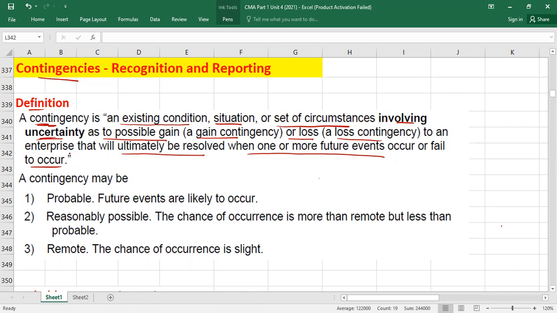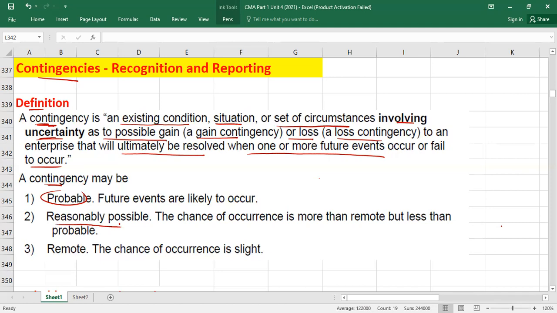There are three types of contingencies. It could be probable. Probable means it is highly likely that we have to pay. Highly likely means high chances are there. Not in terms of percentage, I cannot express it. The standard uses the words highly likely, meaning more chances are there that you have to pay. Second is reasonably possible.